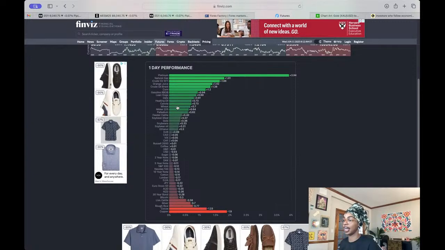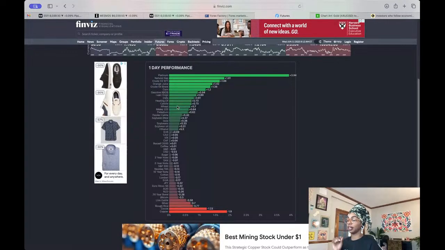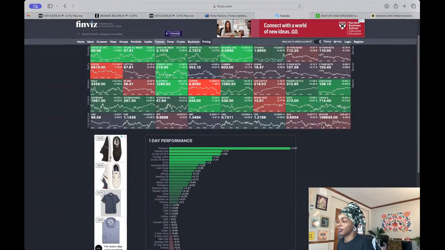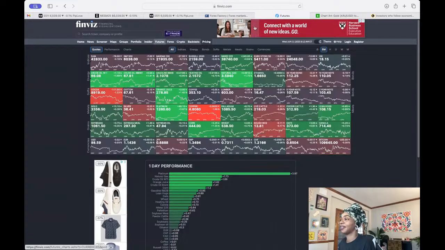You could look at this overall view and say, okay, that one's really light, it didn't lose that much. Okay, boom, very bright green, that gained more. And it just adjusts as we move forward.